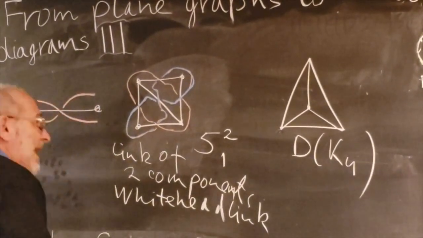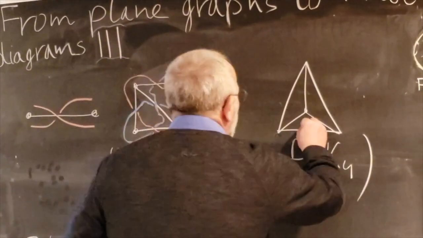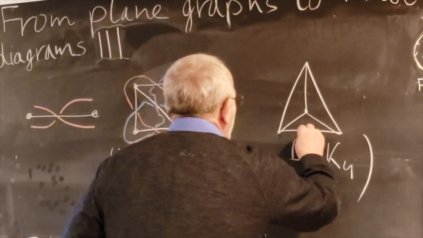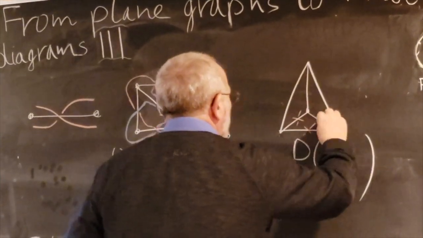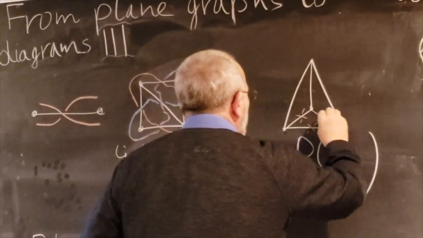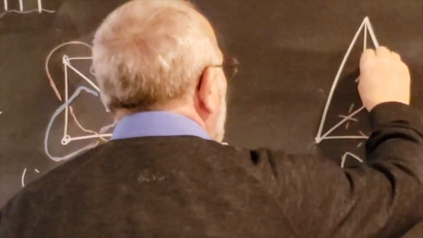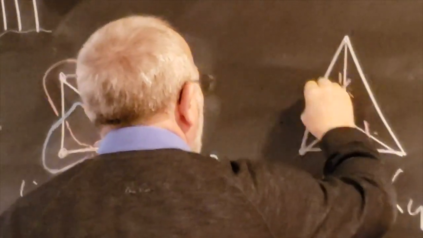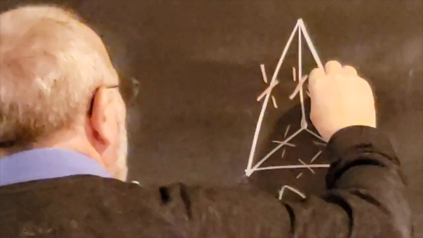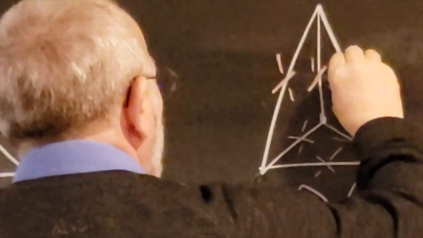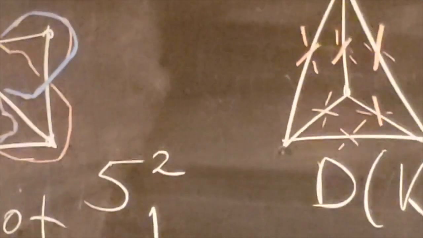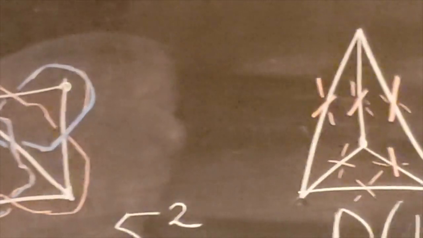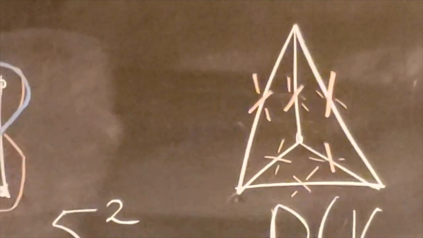Let's start with red. Okay, bridge on the left. Bridge on the left. So we have all crossings. We know which is over, which is under. Now we should be very careful when we connect this, not to make a mistake.